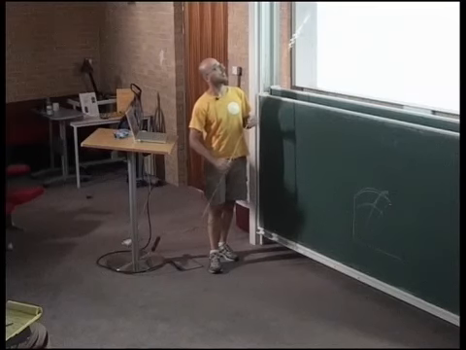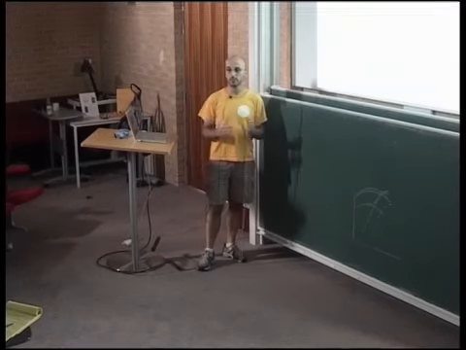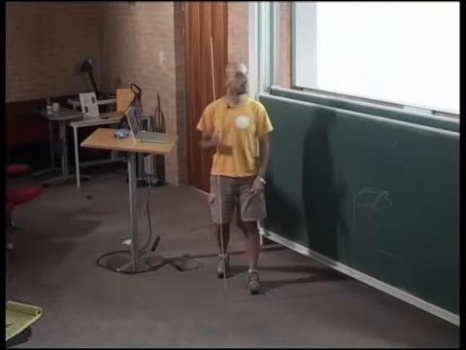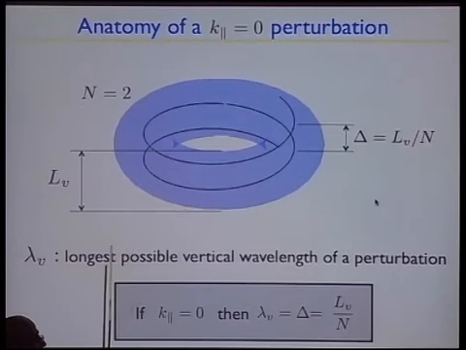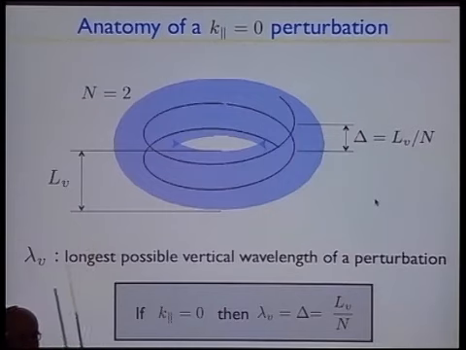Now we can ask, in the case of k parallel equal to 0, what's the longest vertical wavelength that is allowed in this system? Well, if you think for a second, if things should not depend on the field line, then if k parallel is equal to 0, the maximum allowed wavelength should be equal to delta, LV over n. One cannot have bigger modes that extend on longer wavelength in the system.